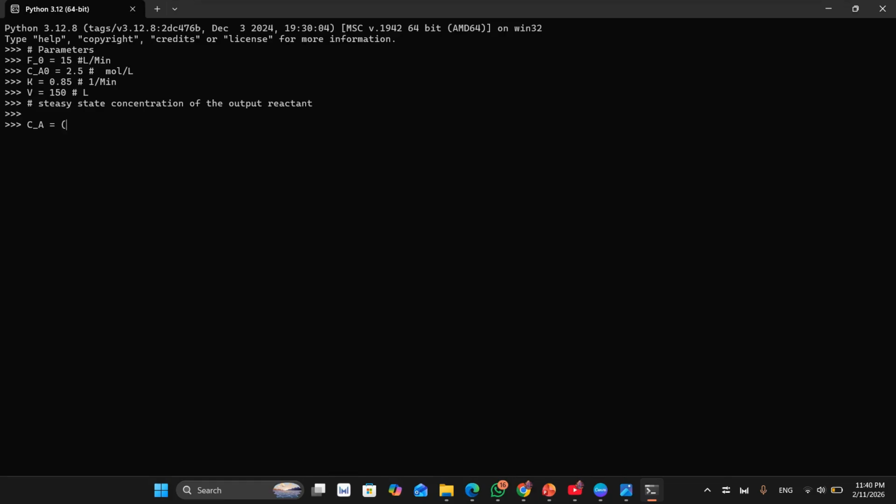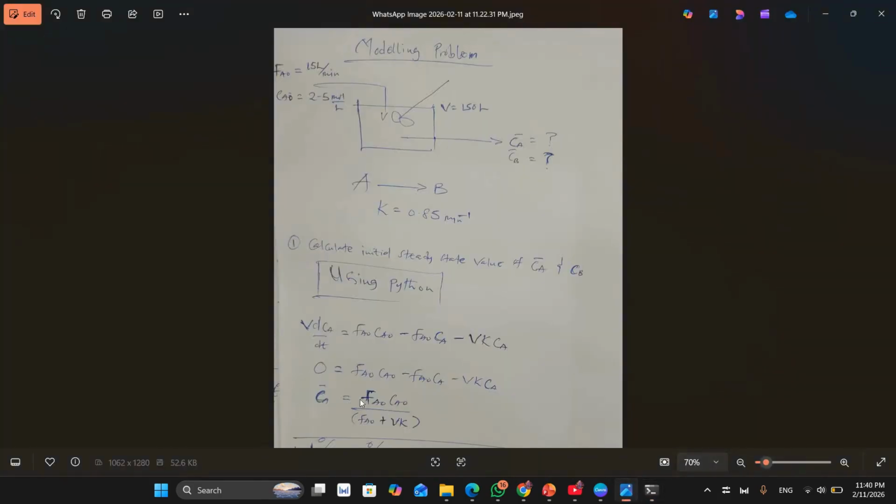Then I'll define my equation, the simplified version. I'm typing this one right now. That is my steady state concentration of the A.